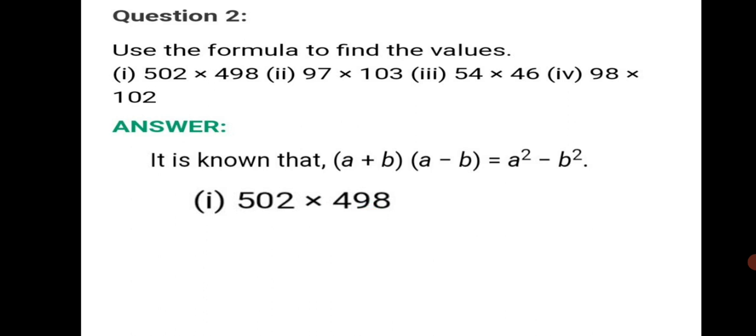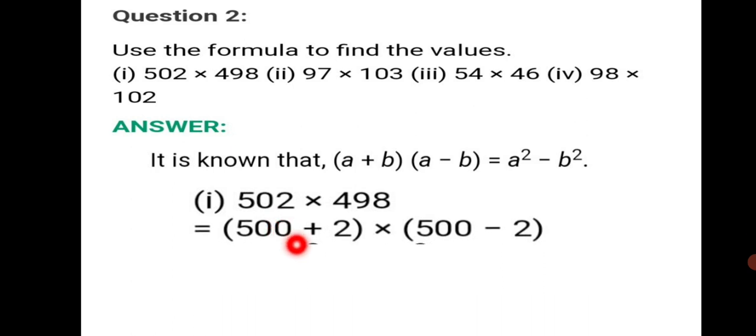By looking at it, you know that 502 means 500 plus 2. Means we got our first expression a plus b, 500 plus 2. Now in the second expression also we need a as 500 and b as 2. Can we get it? Yes, 498 can be written as 500 minus 2. So let's write it down.